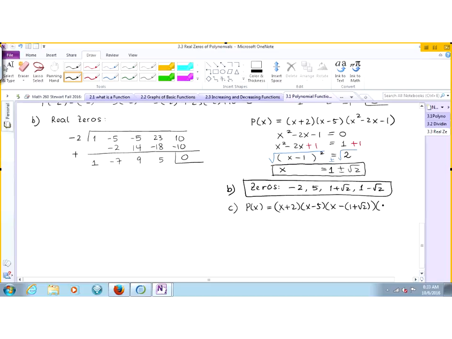Remember, 1 plus square root of 2 is in parentheses. And then the last one, x minus (1 minus square root of 2). All right. So this is (x plus 2)(x minus 5)(x minus 1 minus square root of 2)(x minus 1 plus square root of 2). That's it.